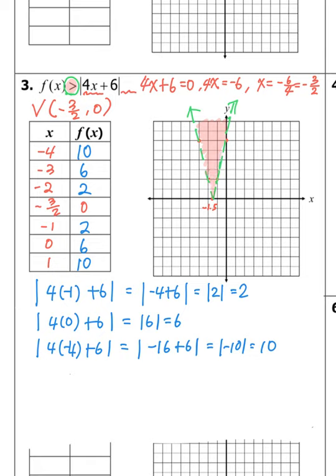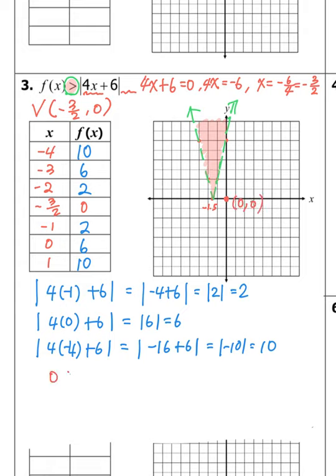All right. And there is another way to check the shading region, which is to choose a point and test that point. If the inequality is true with that point, then you shade the side that includes the chosen point. If not, then you shade the opposite side. All right, so I'm going to try (0, 0).